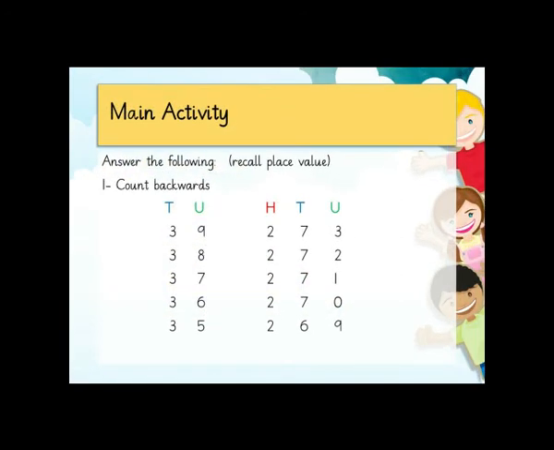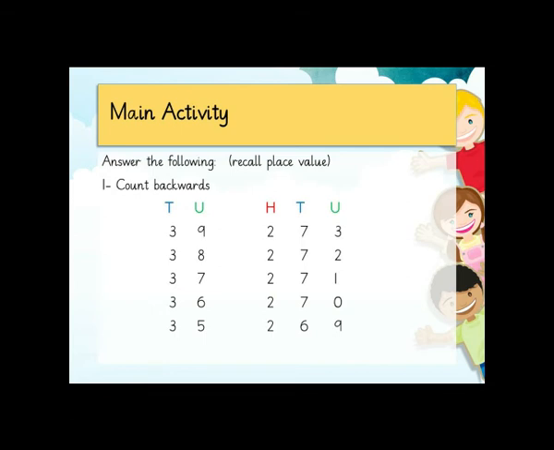Building on mental starter, we are moving towards the main activity of the lesson. As in mental starter, you filled in the spaces for the missing numbers counting onwards. Now, if you see the given numbers for counting backwards, 2 sets of numbers are given over here, one with units and tens, and the other set is having units, tens as well as hundreds.